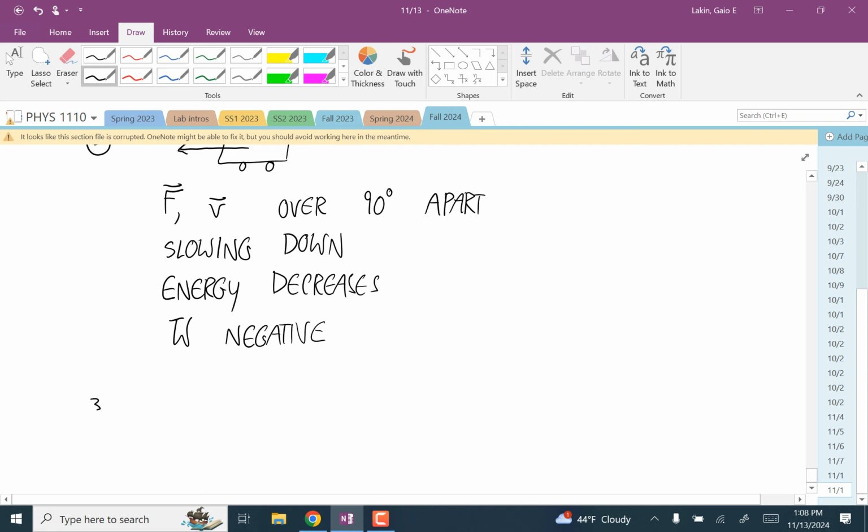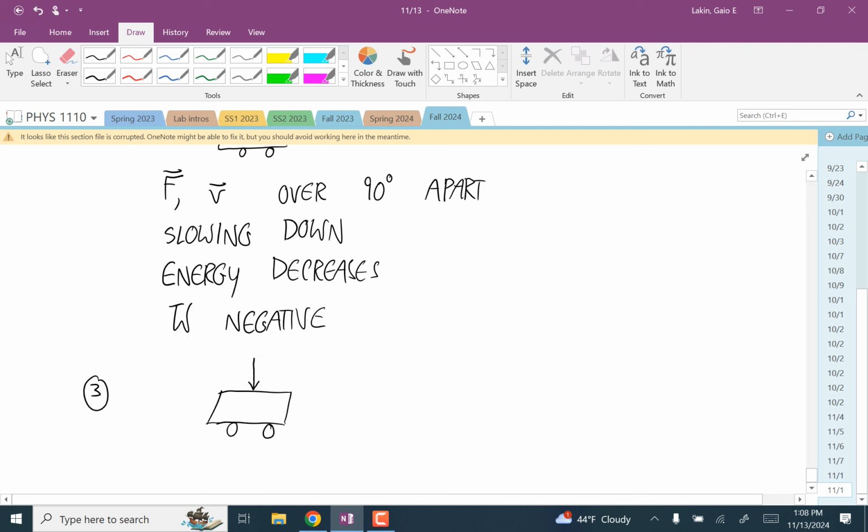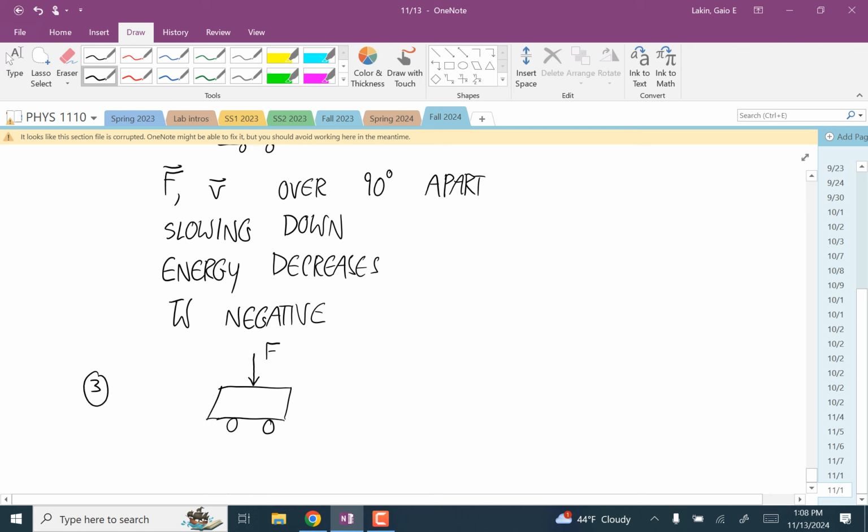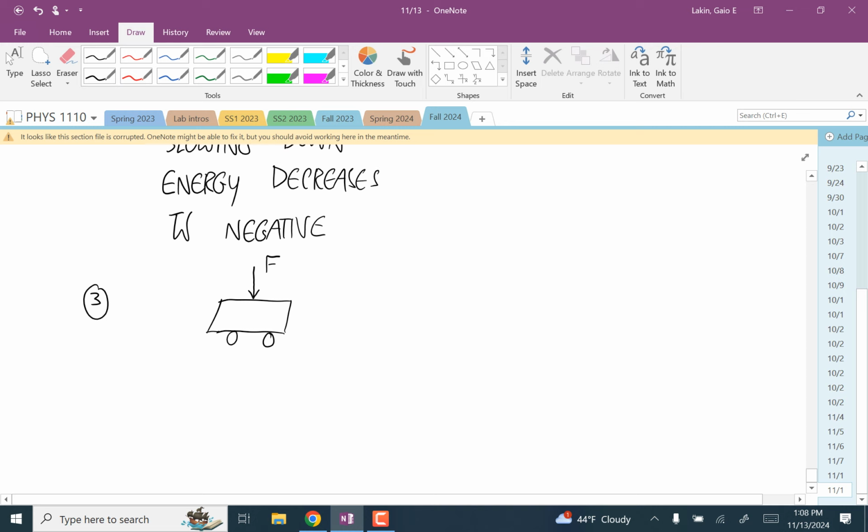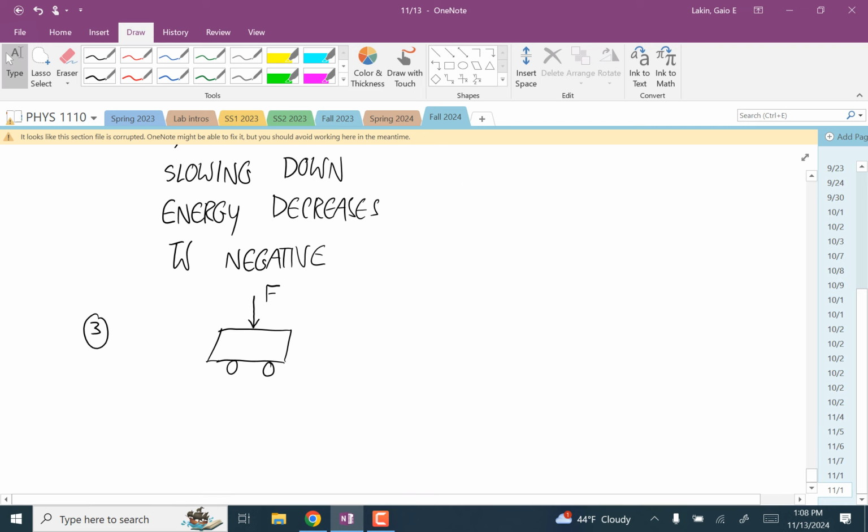And then the third case is this thing is moving to the right, and we apply a force to it exactly like this. Okay. Well, it would be sort of tricky to do, but if we could apply that vertical force without also applying a force to one side or the other horizontally, this wouldn't cause any change in speed to this object at all.